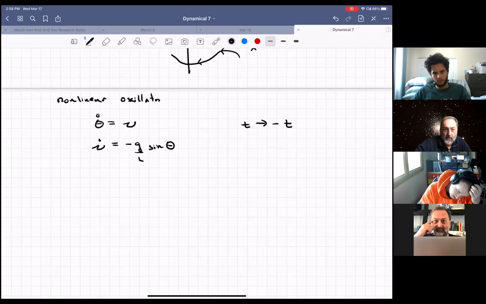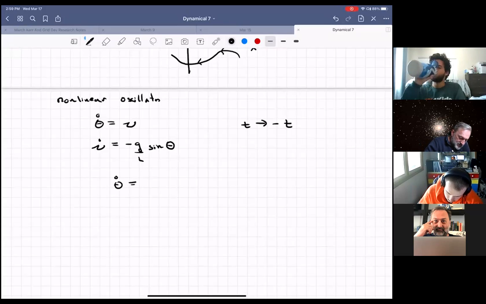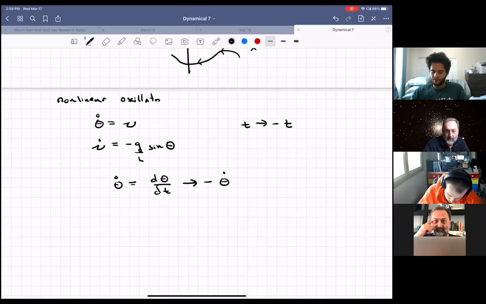So if I take t to minus t, then theta dot, which is d theta dt, would go to minus theta dot under t goes to negative t.